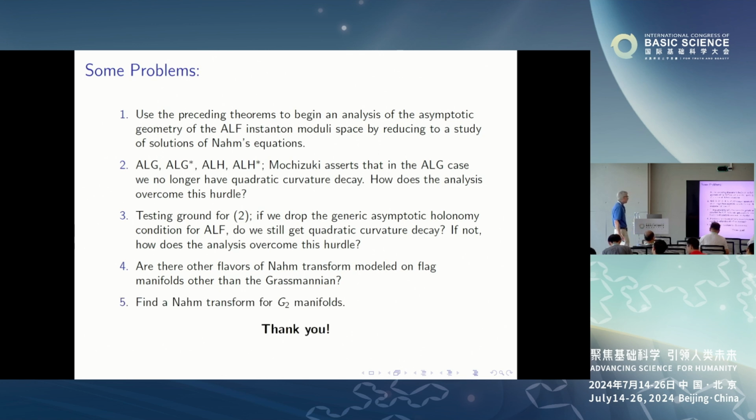And next, I guess you could ask about Nahm transforms for manifolds with special holonomy. And so I think I'll stop there. Thank you.